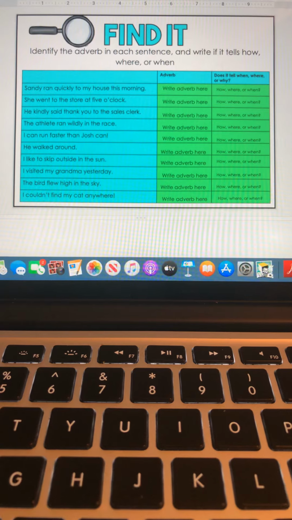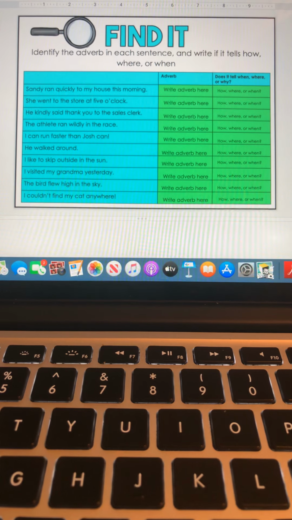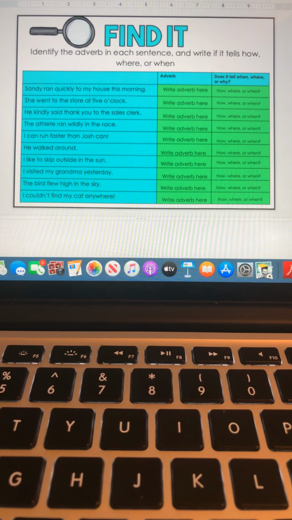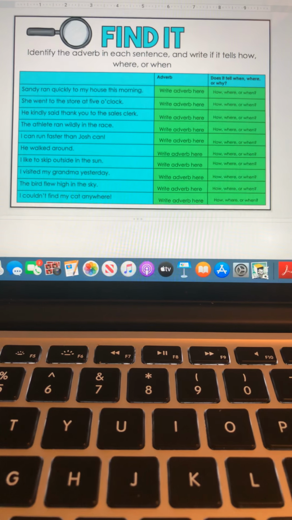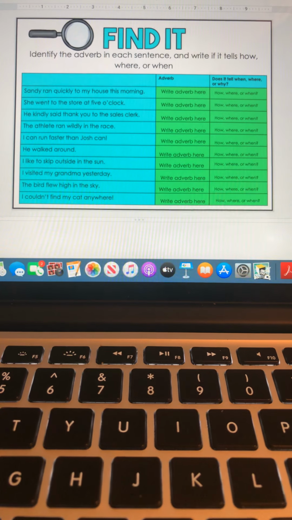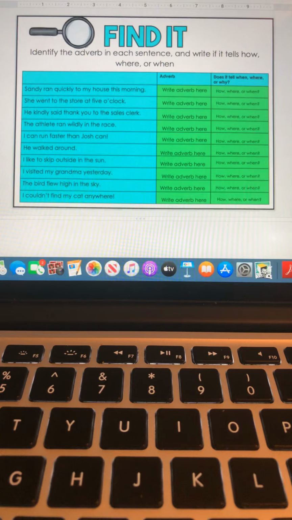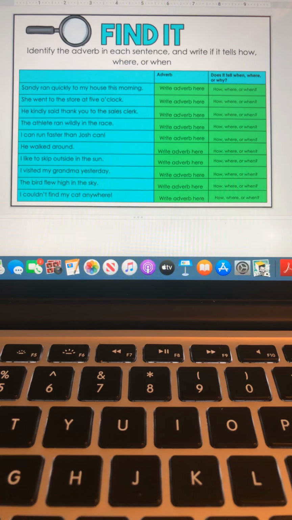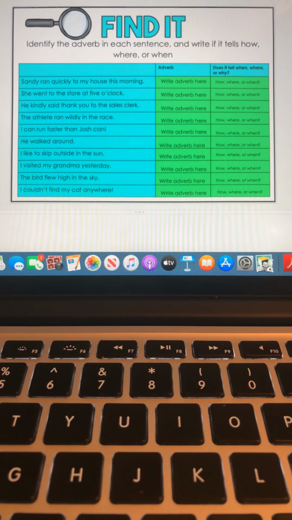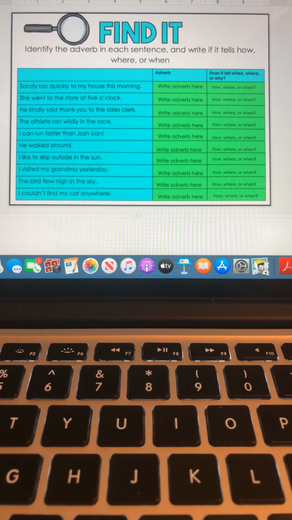The bird flew high in the sky. And the last one, I couldn't find my cat anywhere.